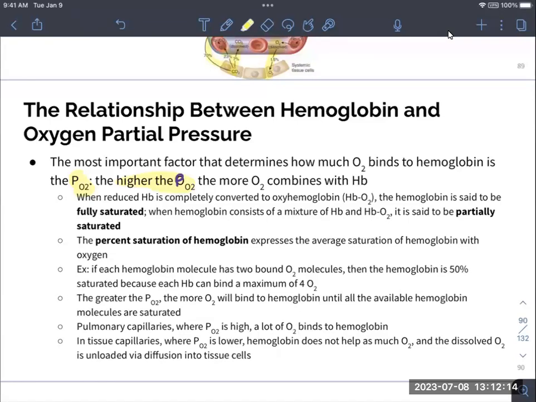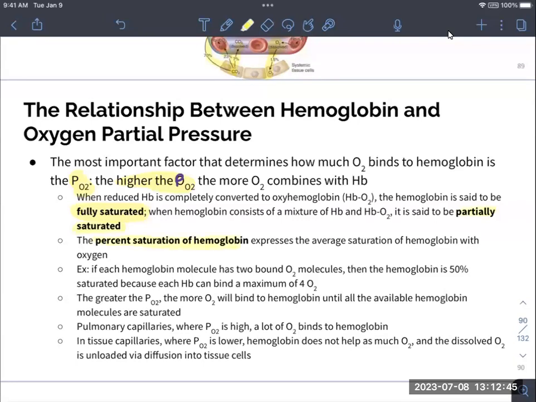When the hemoglobin is completely converted to oxyhemoglobin, that hemoglobin is fully saturated. When it has a mixture of hemoglobin and oxyhemoglobin, it is partially saturated.